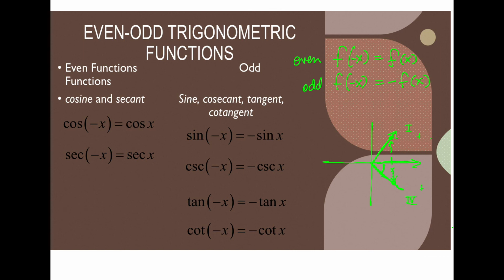But if we go further, normally we would get a negative x here, in this quadrant, and that will remain the same if we're going in a positive direction. So the x's are still the same value. They would both be negative here, they would both be positive here. And that's what makes cosine, and secant because it's related to cosine, even.